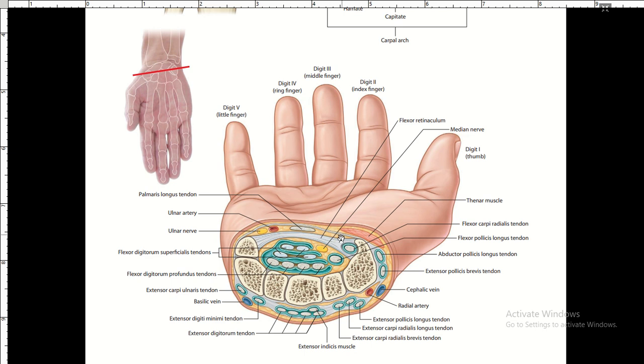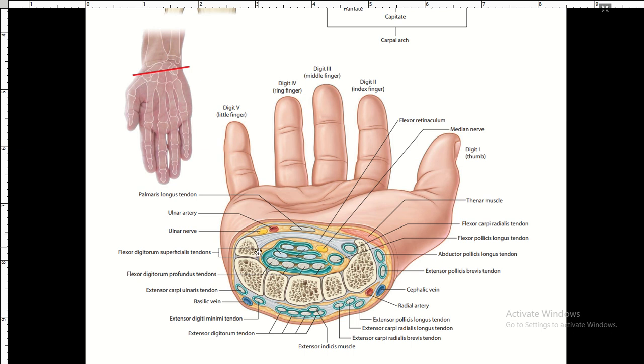And then here you're going to have your palmar cutaneous branch of the median nerve. So let's go again, medial to lateral: flexor carpi ulnaris tendon, ulnar nerve, ulnar artery, palmar cutaneous branch of the ulnar nerve, palmaris longus tendon, the palmar cutaneous branch of the median nerve.